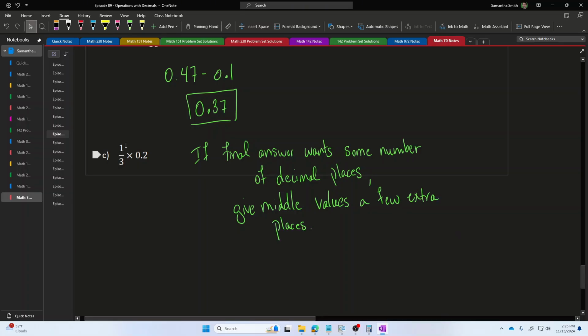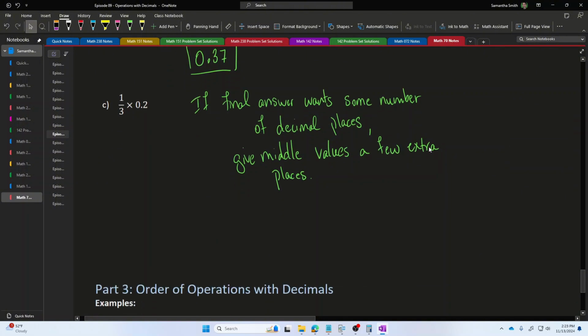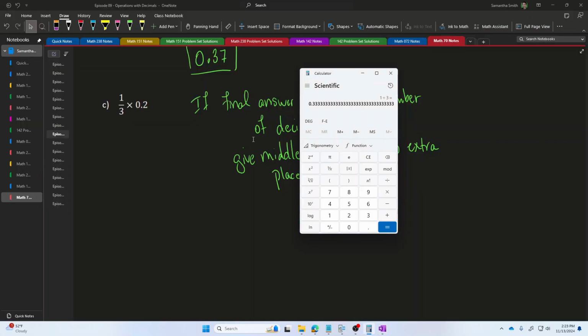For example, if in this problem I was asked to round my final answer to 3 decimal places, then I might round the values in the middle to maybe 5 or 6 decimal places. So I would take 1/3 and round it to 1, 2, 3, 4, 5, maybe 6 decimal places, to be safe.